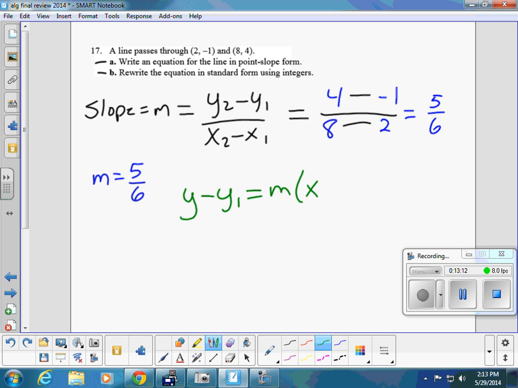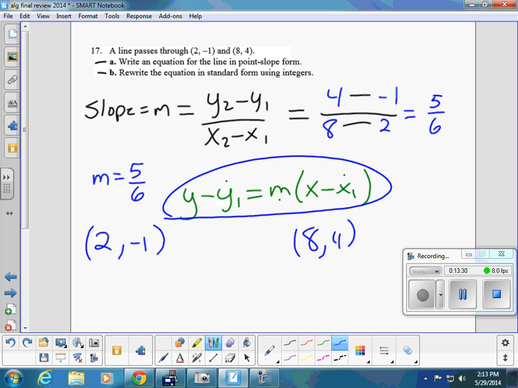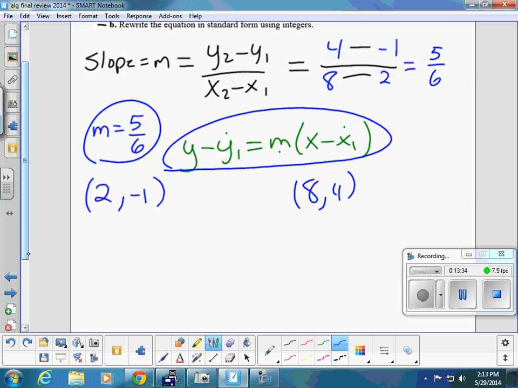So you need a point and the slope to figure this out. In this case, we have 2 points and 1 slope. So we're going to take the 2 and the minus 1 and the 8, comma 4, and create our point slope form for each one using the slope of 5/6. This is just a matter of substitution, and you'll have your answer for this section.